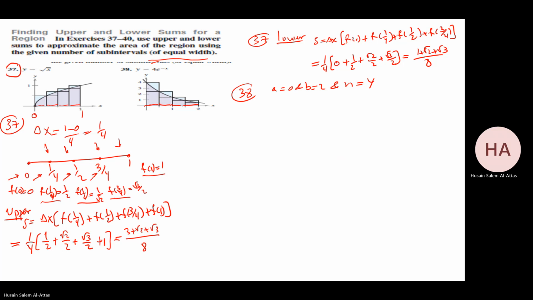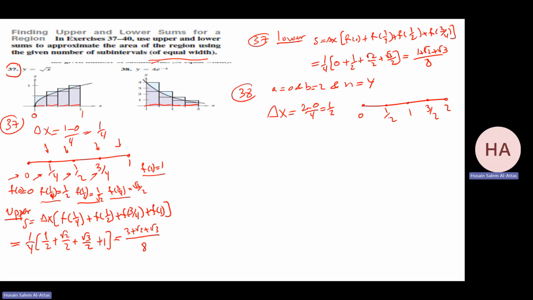So delta x will be 2 minus 0 over 4, which is half. So I'm starting with 0, add half, that will be half, that will be 1, that will be 3 over 2, that will be 2. Very clearly, the function is decreasing.